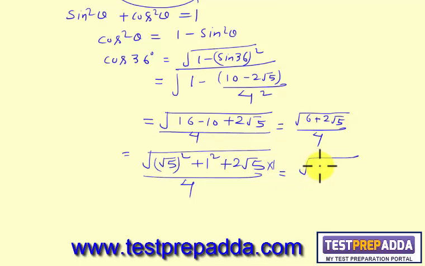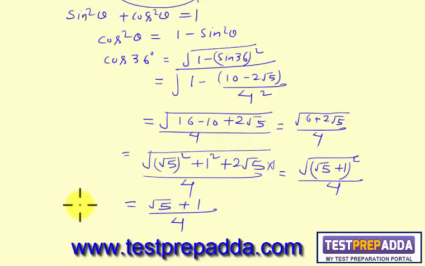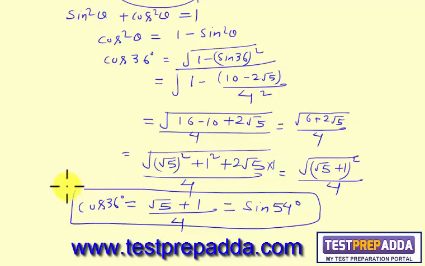So it becomes root of root 5 plus 1 whole square upon 4. So the final answer comes as root 5 plus 1 by 4. This is the value of cos 36 degree, and as I told you earlier, the same will be the value of sine 54 degree. Another very interesting value.